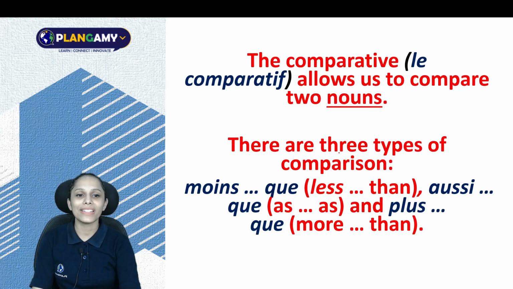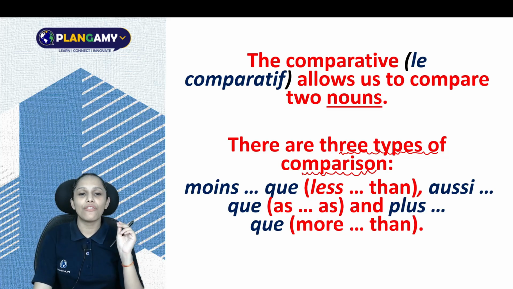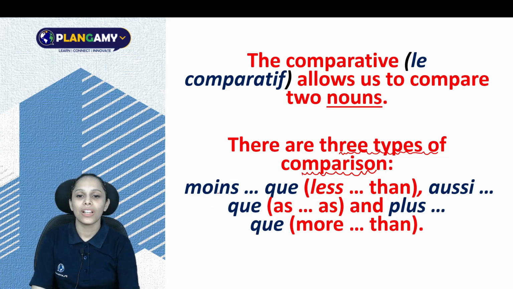There are three types of comparison. Let me highlight it because in today's session, we will only focus on three types of comparison. That is, as you can see here, moins que, which means less than, aussi que, which means as, plus que, which means more than.